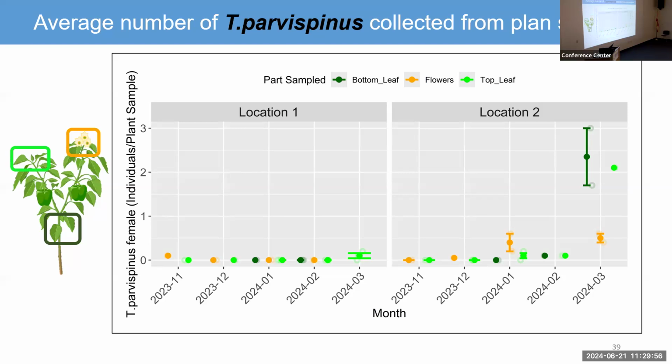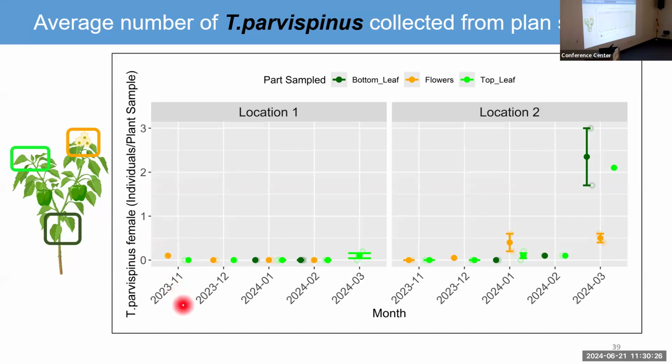Here, the dark green color represents the bottom leaf, the light green color represents the top leaf, and the orange color represents the flowers. Again we have our months, and we have individuals per plant sample. In each month, you can see the 3 different colors.